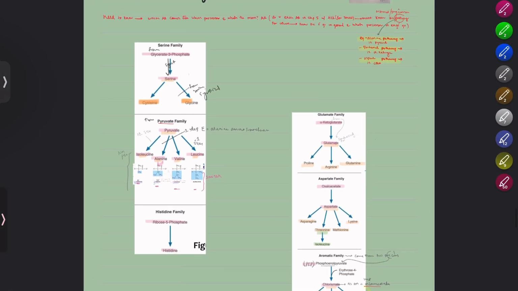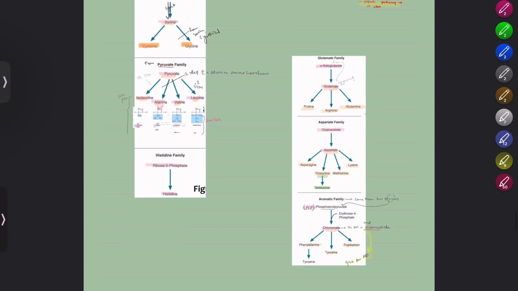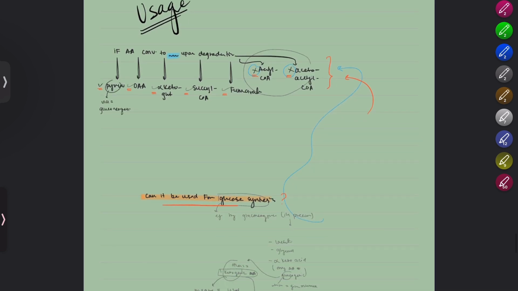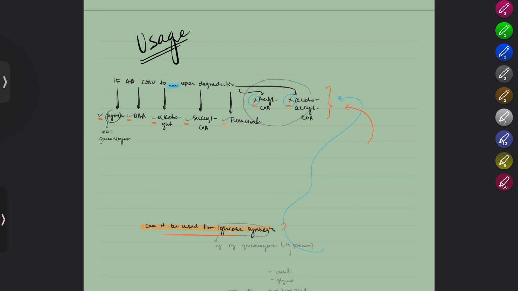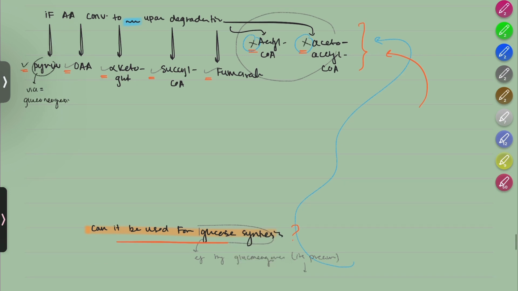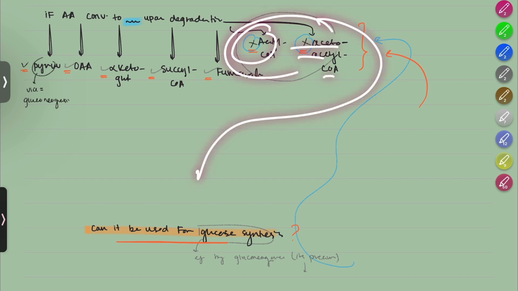Okay, so now we're done with the urea cycle, as we mentioned earlier, then the amino acid degradation and the amino acid synthesis, which is pretty easy and direct. Now let's just cover something very simple, which is the utilization of these intermediates. So you need to know that when a compound gets degraded into either acetyl-CoA or acetoacetyl-CoA, it cannot be used for glucose synthesis.